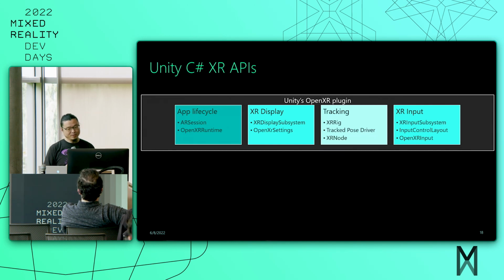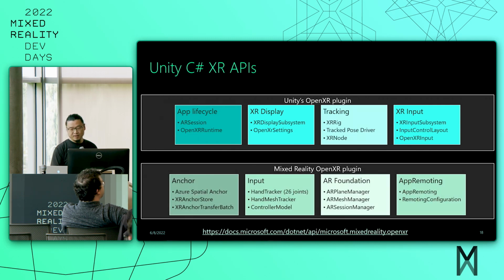All these things work the same way across all the XR devices. On the bottom, you can see the feature areas that the mixed reality OpenXR plugin focuses on. The majority of them are HoloLens 2 features like anchoring, articulated hand tracking, plane finding or meshes, and holographic app remoting.